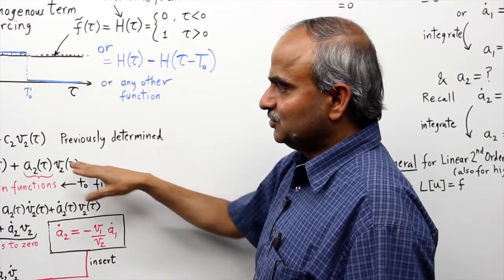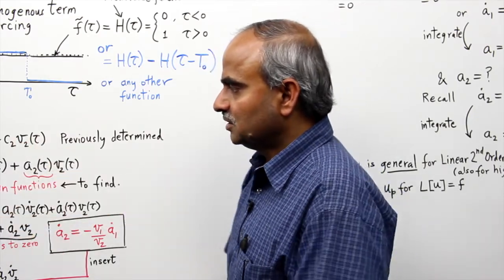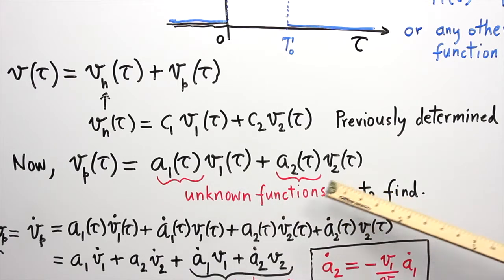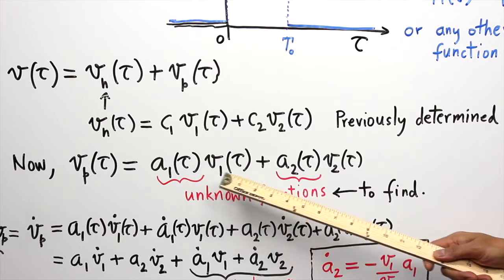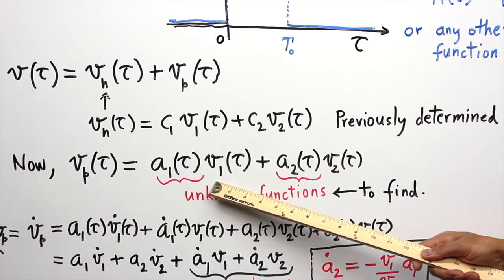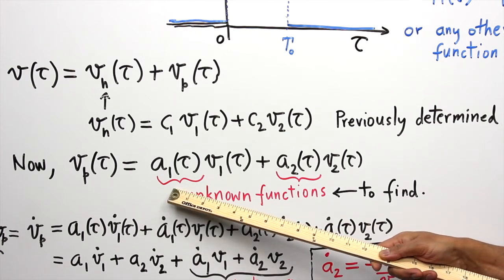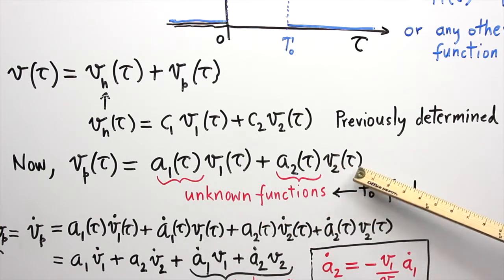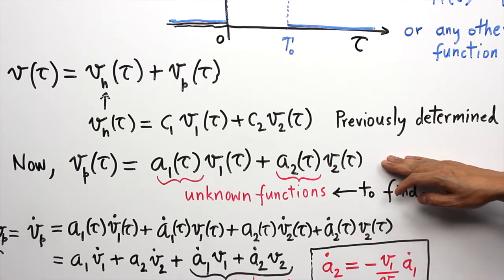And so the idea is we want to use a construction like this, and we propose that the particular solution is made up in terms of these known linearly independent solutions v1 and v2, but we multiply this first homogeneous solution by an unknown function a1 of tau, and we multiply the other by an unknown function a2 of tau, and so together this is the form that we would require of the particular solution.